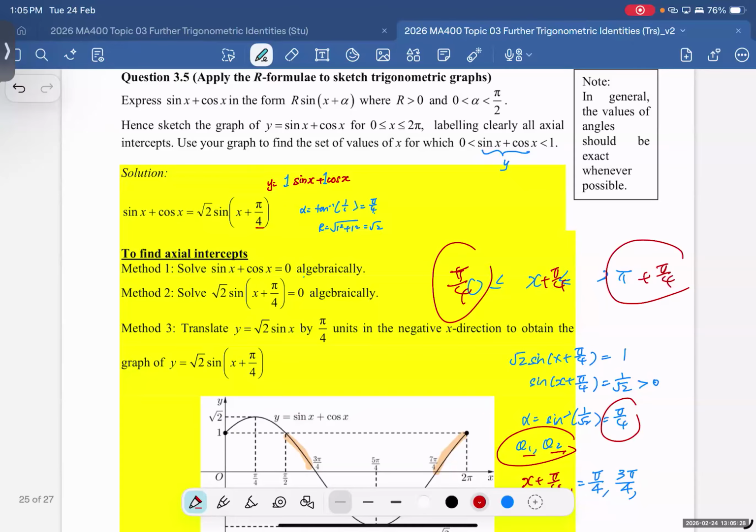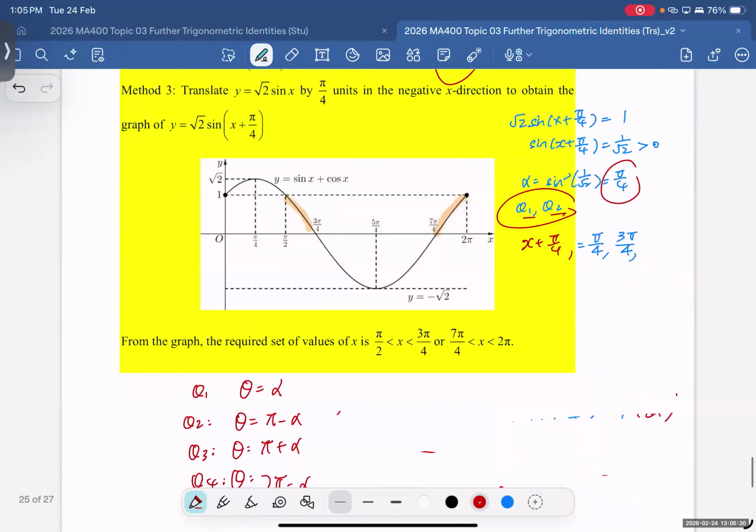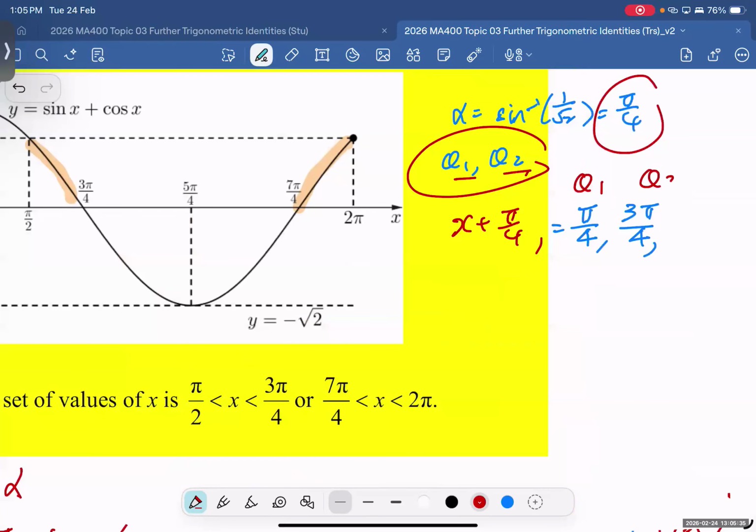So this is Q1, this is Q2, but we have one more round. Add another 2 pi, 9 pi over 4 also works, and it's also Q1.